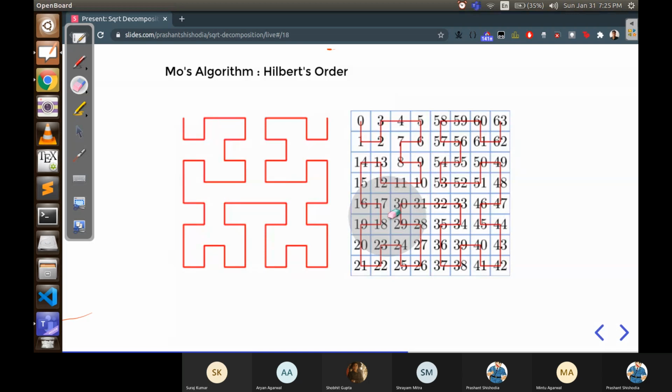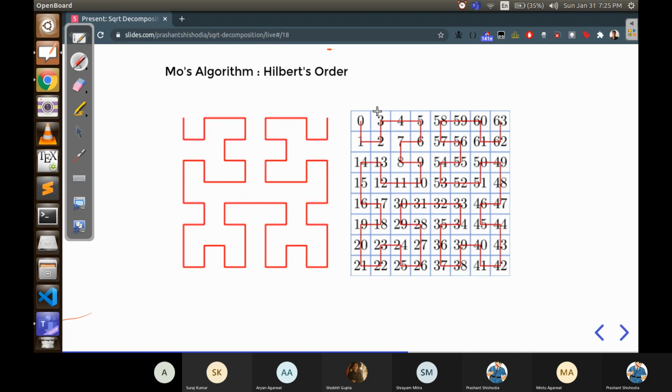Okay, so I thought of explaining Hilbert's order, but for now let it sink in. We are already running out of time. You can go through it yourself.